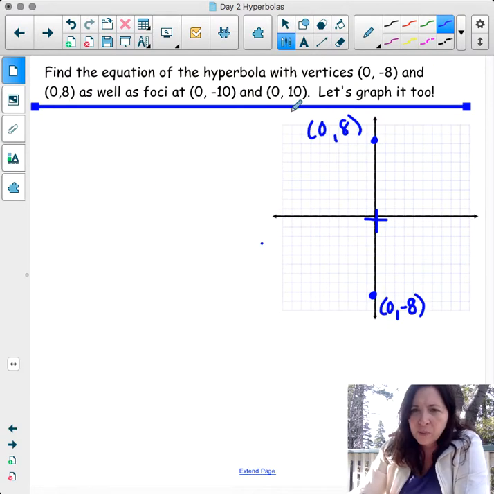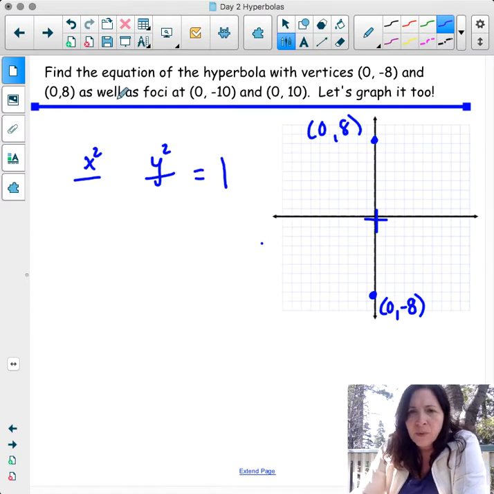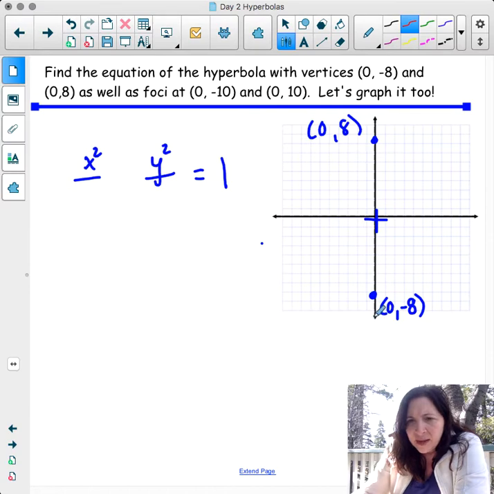Be careful, because what we know so far is that our center is (0, 0). So it's going to be x minus 0 quantity squared, so that's x squared. We know we have a y squared, and we know it's going to be equal to 1. We know the foci, our focal points, are at (0, -10) and (0, 10).